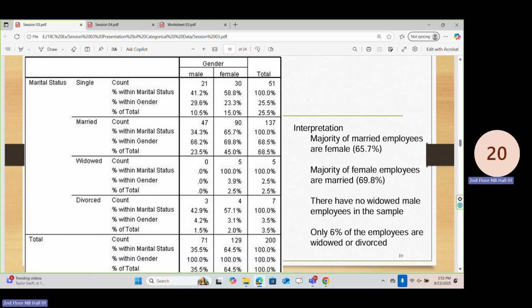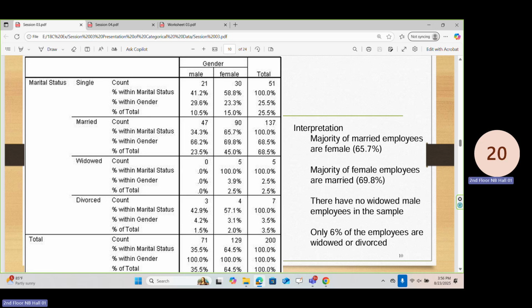Then here 4, here 5, here 90 and here 30. It means most of the female employees are married. It's clear? Then third point. They have no widowed male employees in the South. Then widow category is female. Only 6% employees are widowed or divorced.